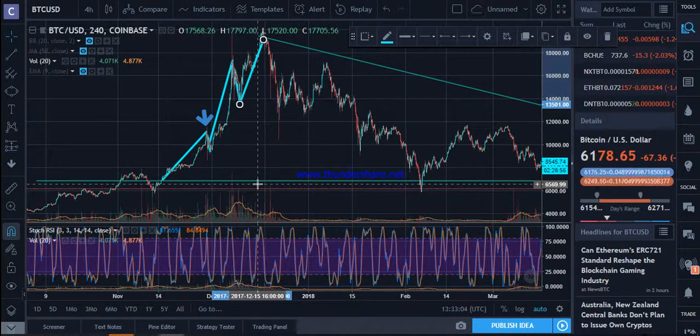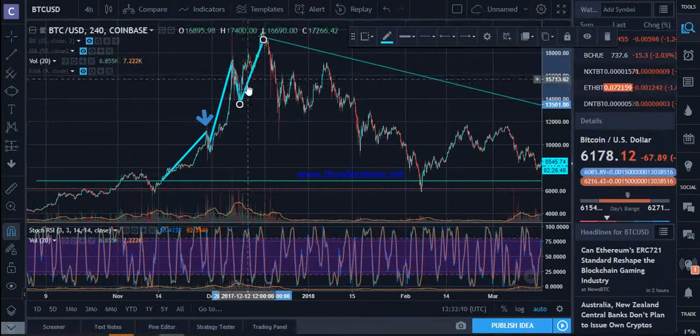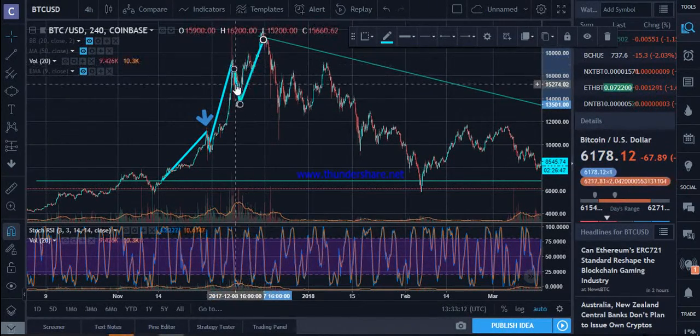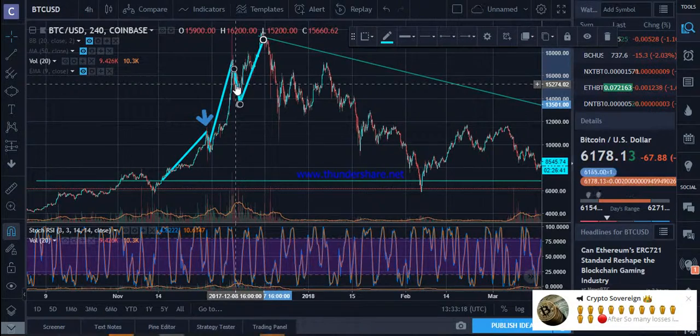Now, wave 5 is usually the longest one. Though there were some price actions over here, you realize that it was moving in a particular pattern, and there it goes. So with wave 5 being the longest, there comes the correction.